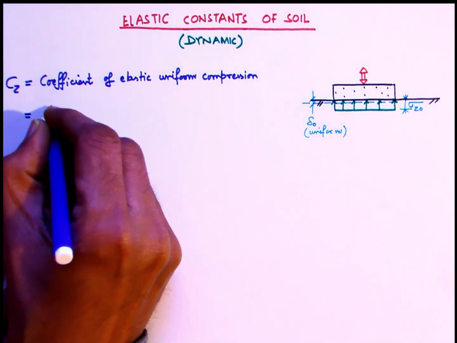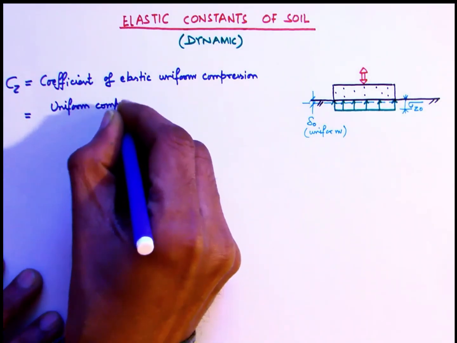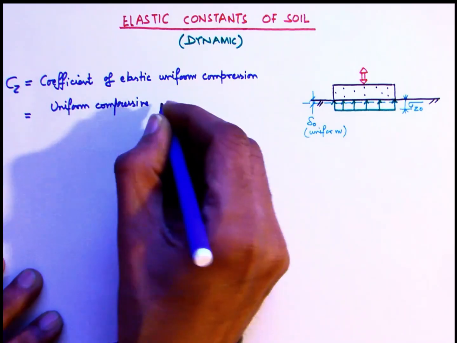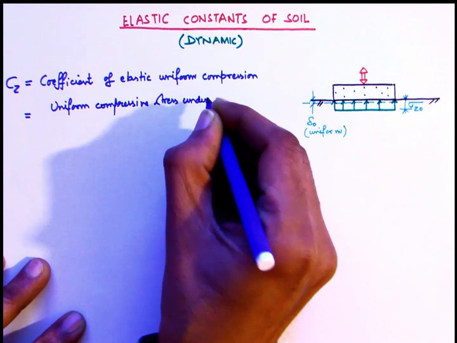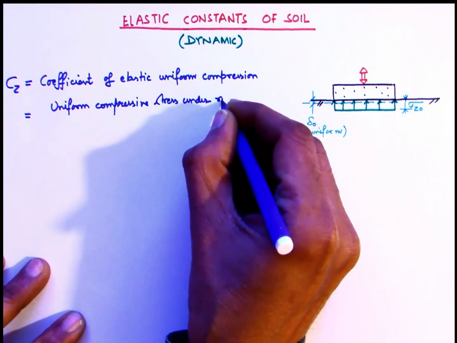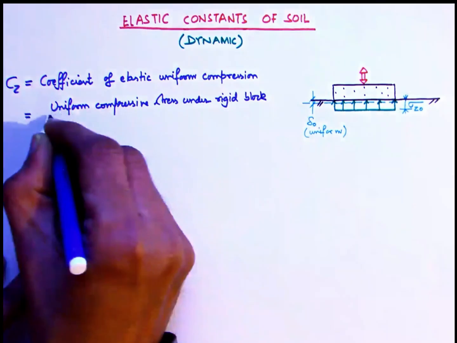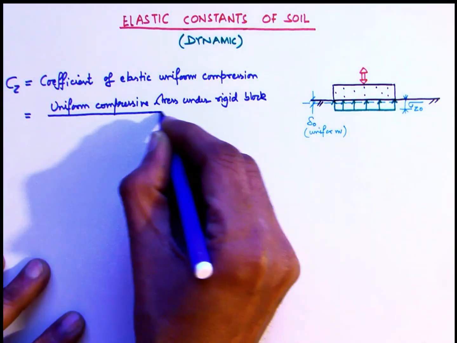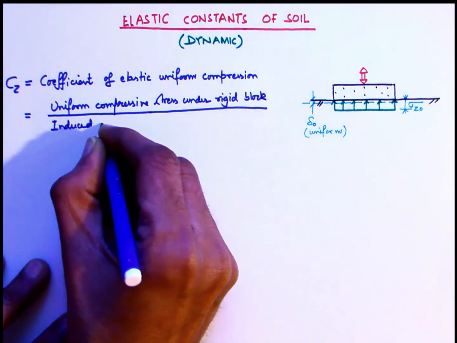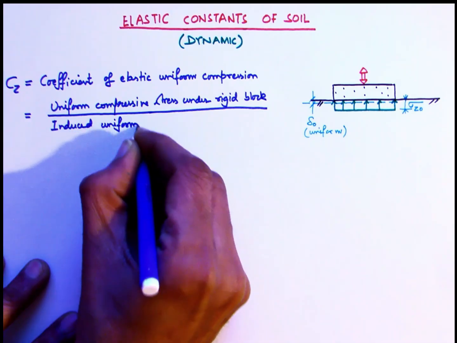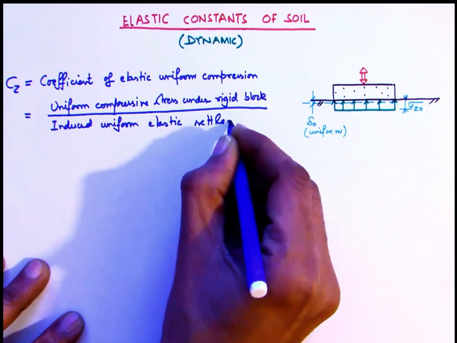Mathematically, it can be defined as the ratio of the uniform compressive stress acting on the soil, and of course in the Z direction, divided by the induced uniform elastic settlement in the soil below.